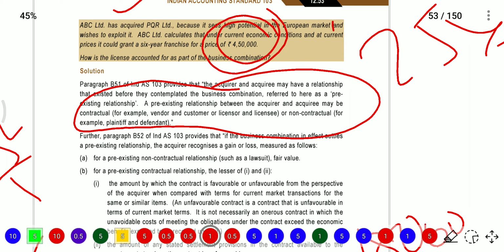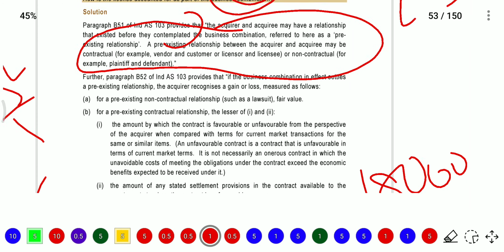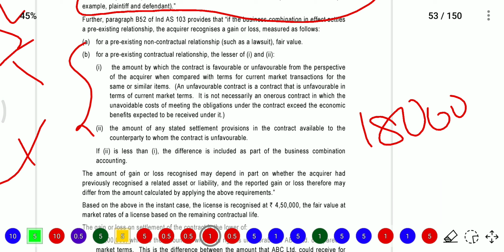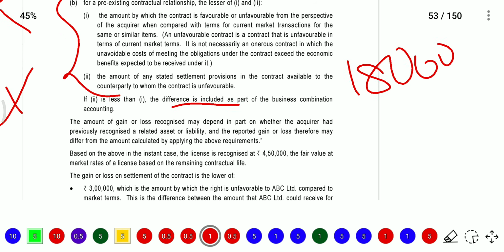In our question, ABC Limited acquired Speakware Limited, which means they have some relationship, a vendor and customer relationship, and that is a contractual relationship. So to use this formula we need to calculate the amount. The difference is included as part of the business combination.